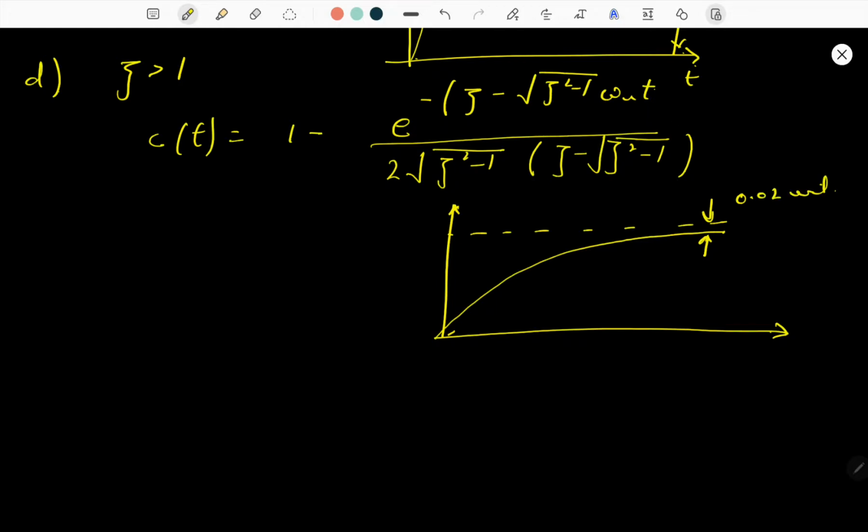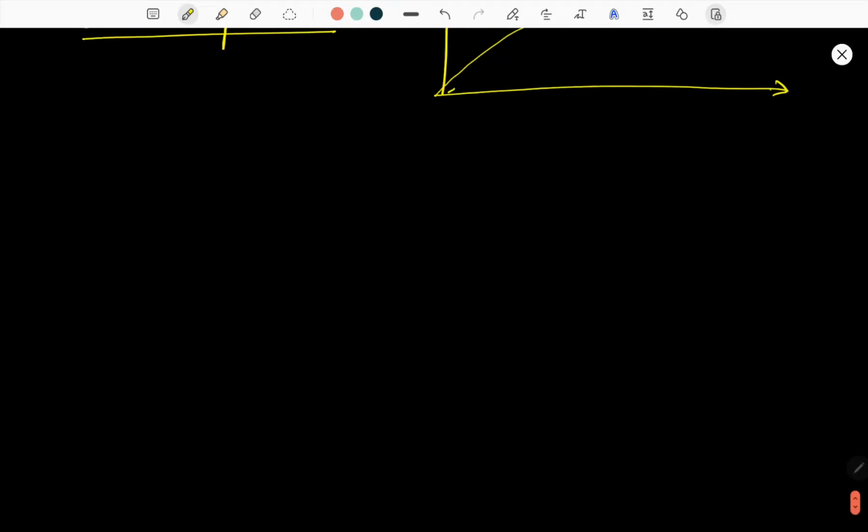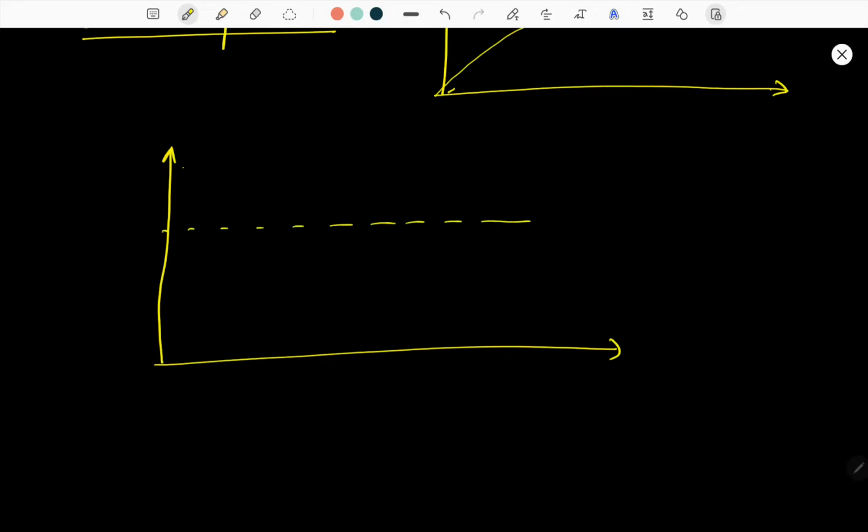Okay, so this time response of a second order control system when zeta is greater than 1 is simply the over damped case. Okay, so we are going to draw all the responses in one graph.